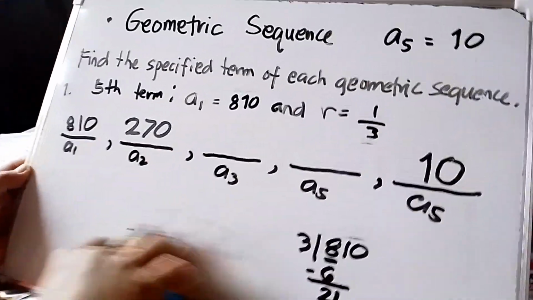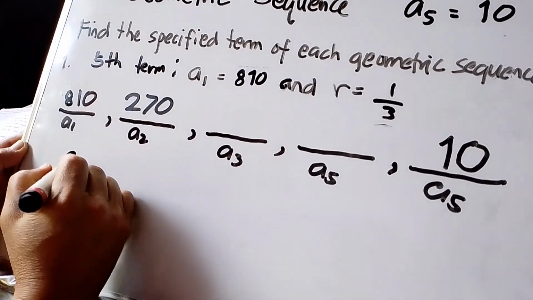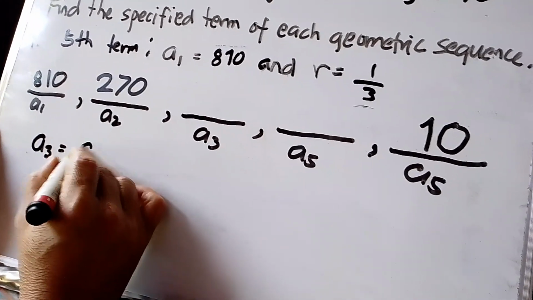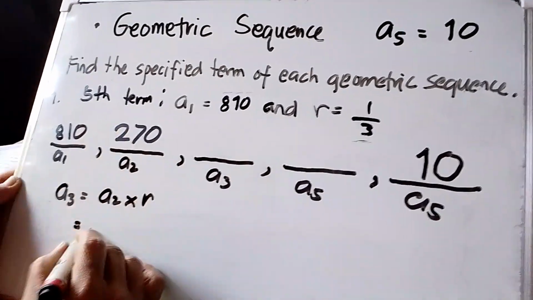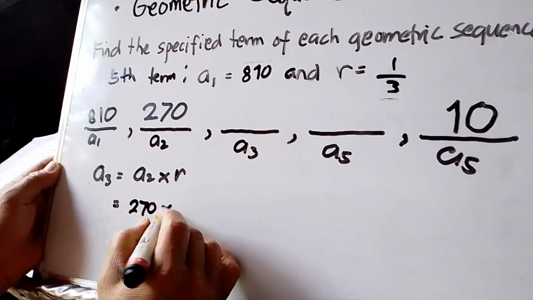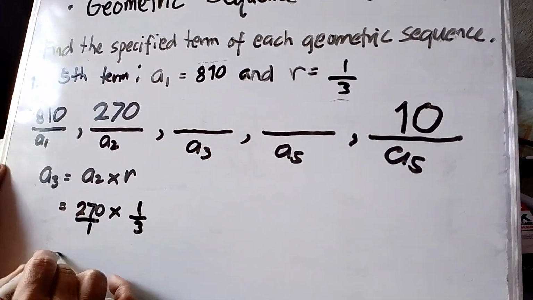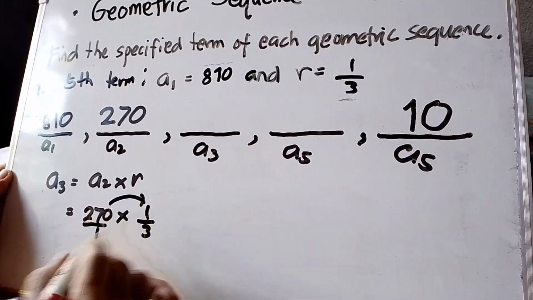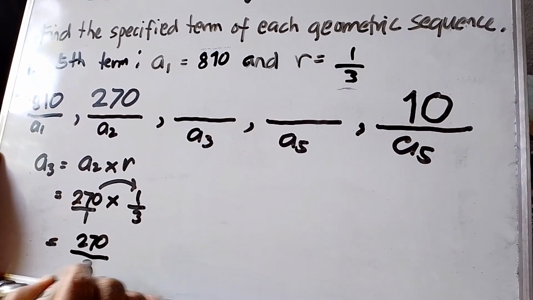Okay. Next, I have to find the value of a sub 3. So again, a sub 3 will be equal to a sub 2 times r. So my a sub 2 is 270 times common ratio, which is 1 over 3. This will be over 1. Multiply 270 times 1 is 270. And then 1 times 3 is 3.